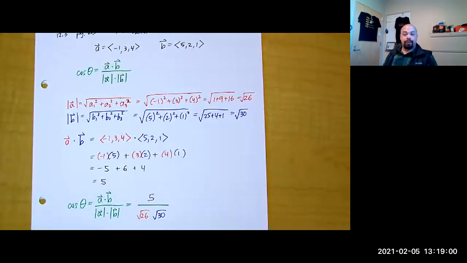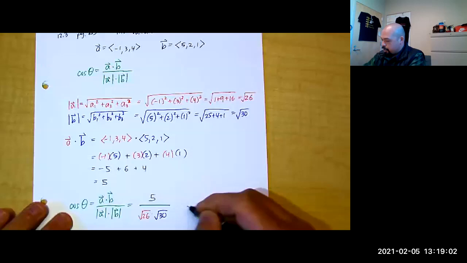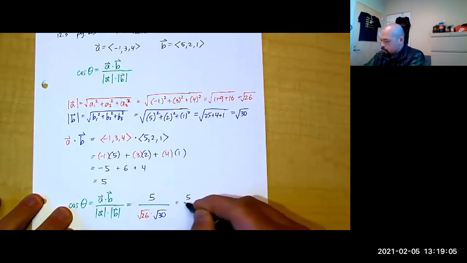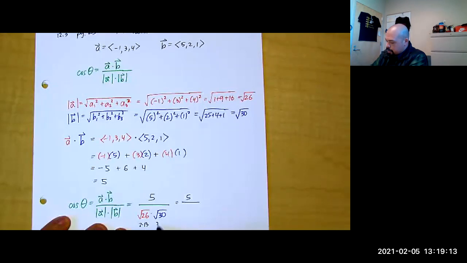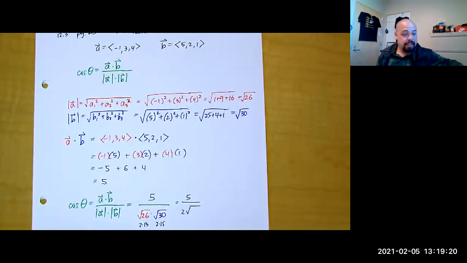Magnitude of vector B, root 30. That's a multiplication down here. And so 5 over, doing that multiplication we can do, but looking at this real quick, that's 2 times 13. This is 2 times 15. So we're going to end up with 2 root, whatever 15 times 13 is, real quick.